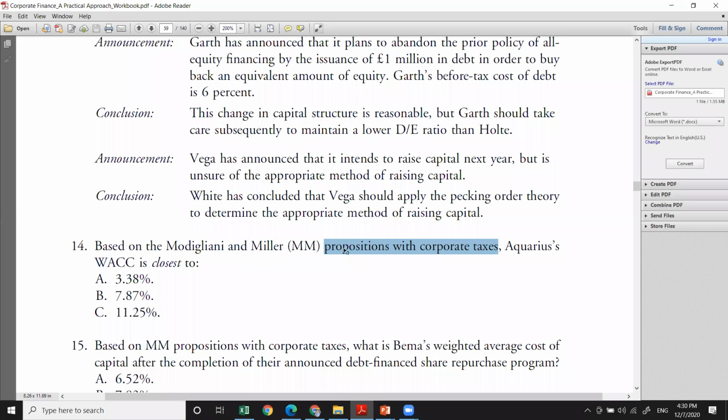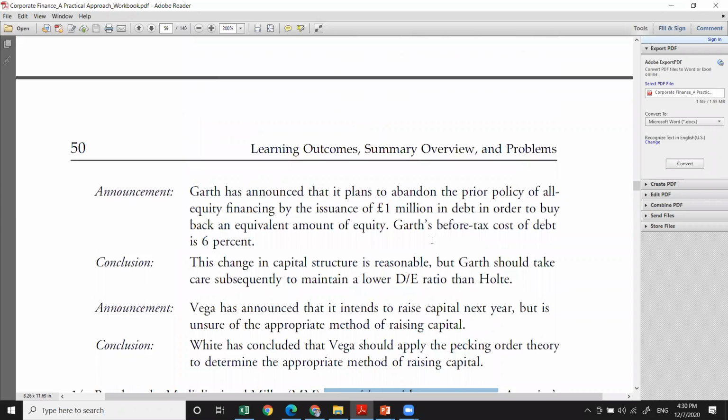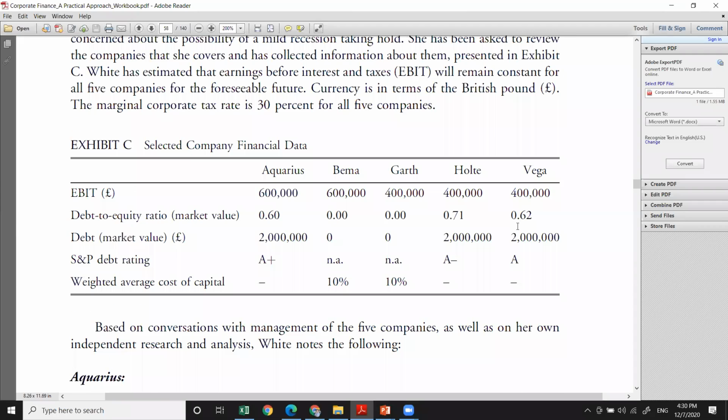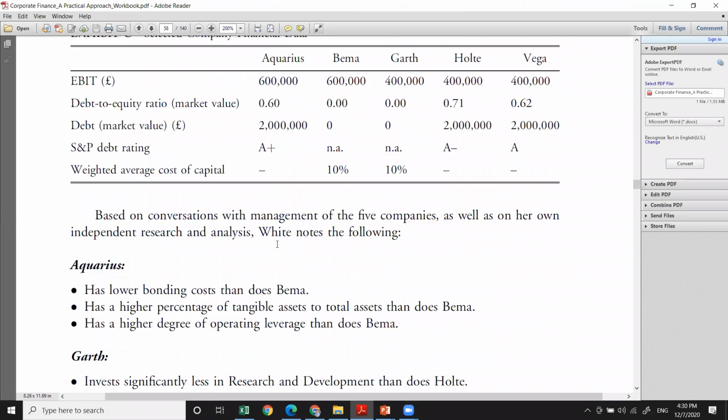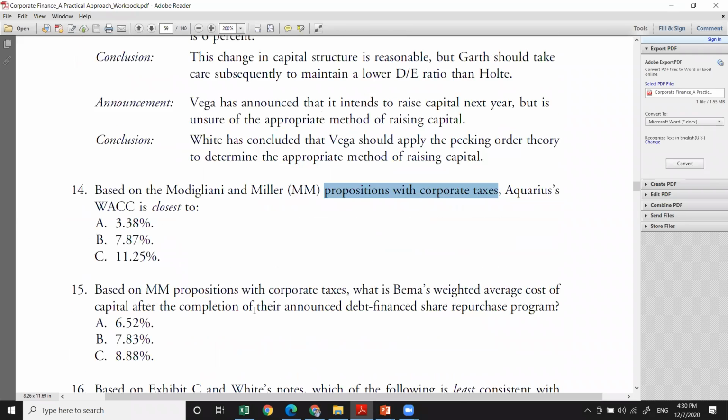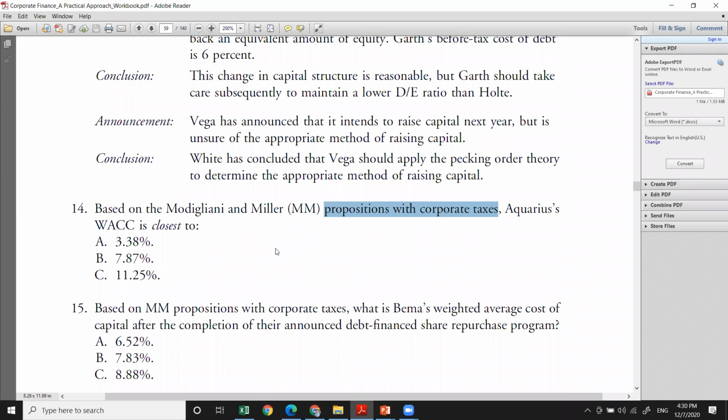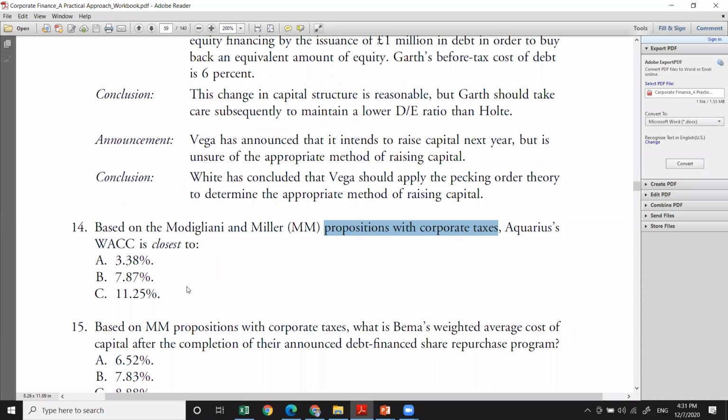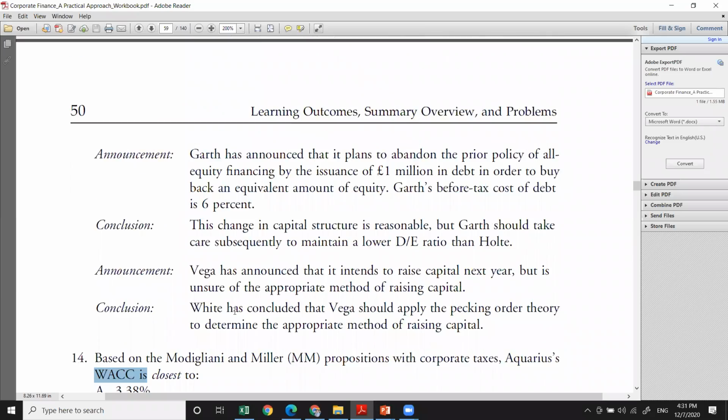So based on the proposition, for Aquarius, the WACC is closest to what? We need to find the WACC for this Aquarius.